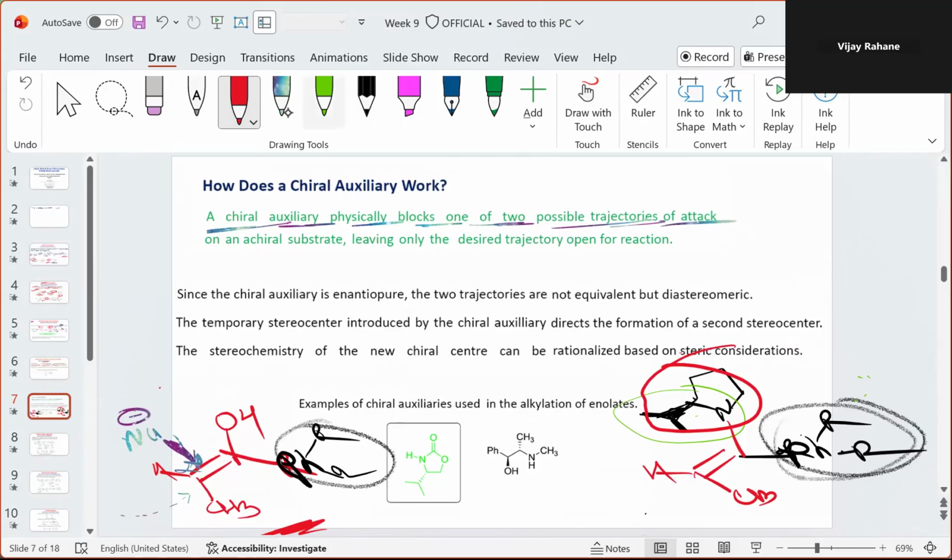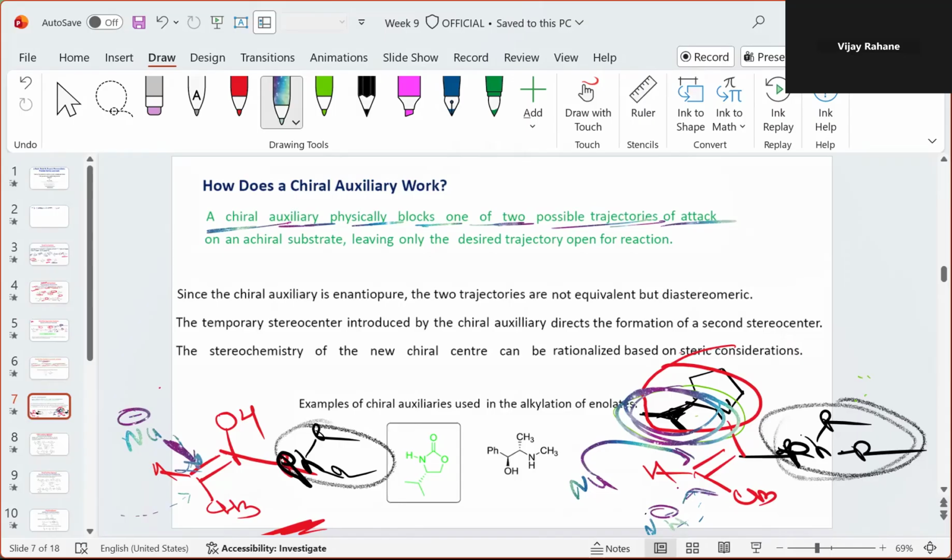Now let's say the addition of the nucleophile. If you look here, because of the steric bulk of this isopropyl group, the attack of the nucleophile from the top side is sterically hindered, and therefore the attack on the bottom side is more feasible, and in this case we get the bottom side attack, right?